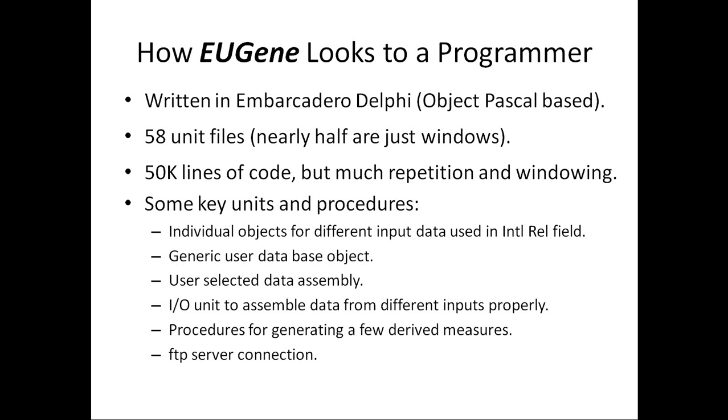Again, as I pointed out before, EuGene cannot handle other types of unit of analysis. It can't handle other time designations other than years. And a big part of this is due to the legacy nature of the software and the coding.